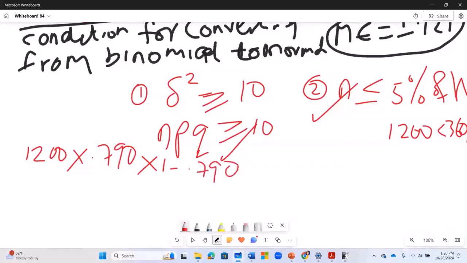And then we get our calculator and see, is this quantity greater than or equal to 10?